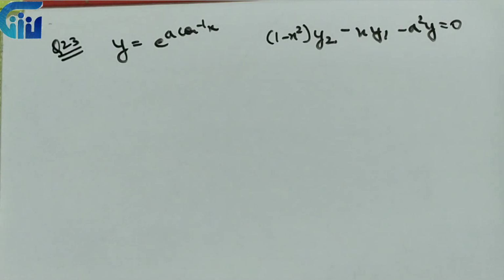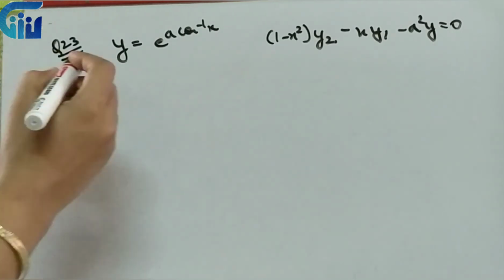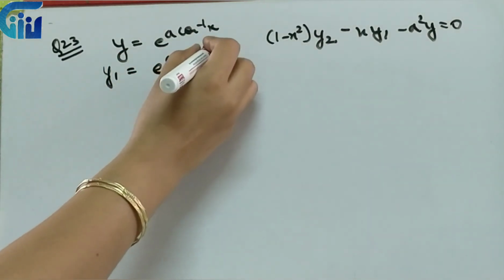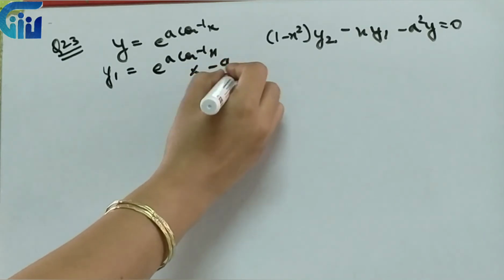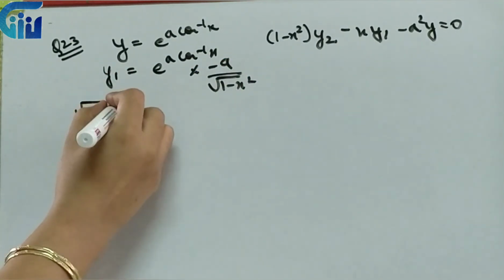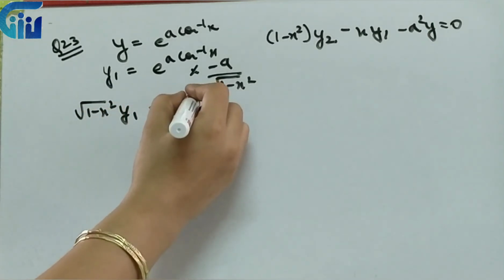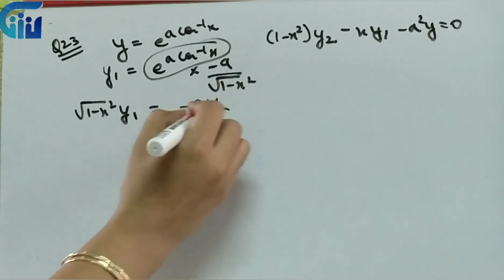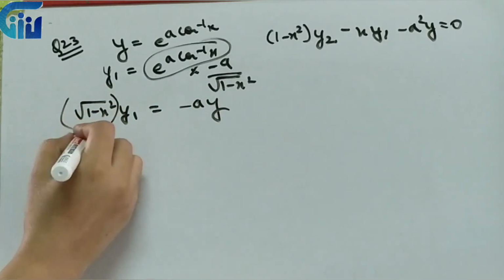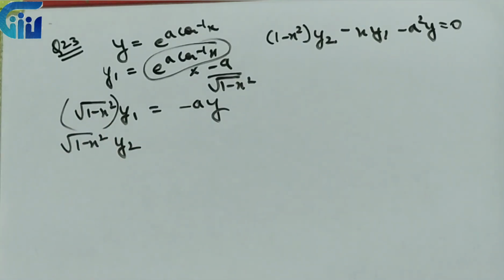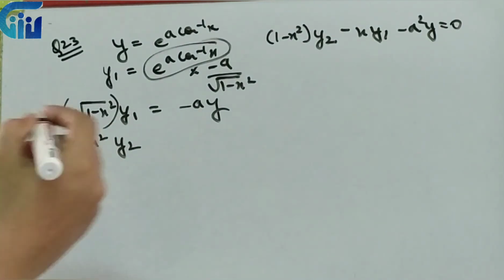Question number 23 says y is equal to a cos inverse x. We have to prove this result. So just observe, the derivative of e^x is e^x. The derivative of cos inverse is minus a upon under root 1 minus x square. Whatever is under root in the denominator, we just take it to the other side, and in place of this I will just write y, right? I will just use the product rule here. 1 minus x square as it is, the derivative of y1 is y2, the first derivative becomes the second derivative, right?